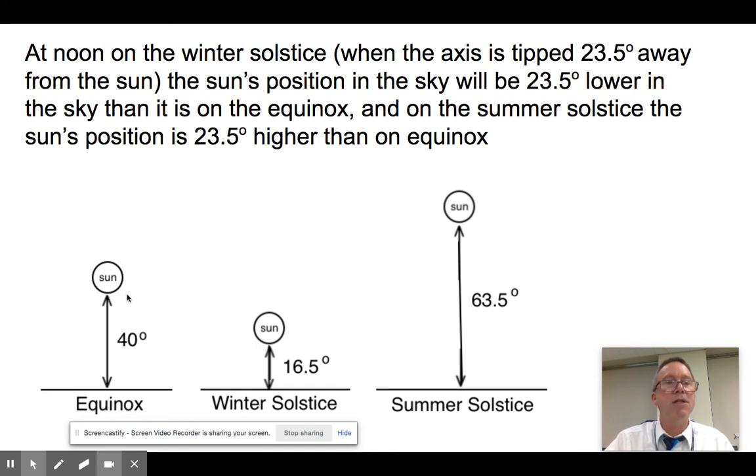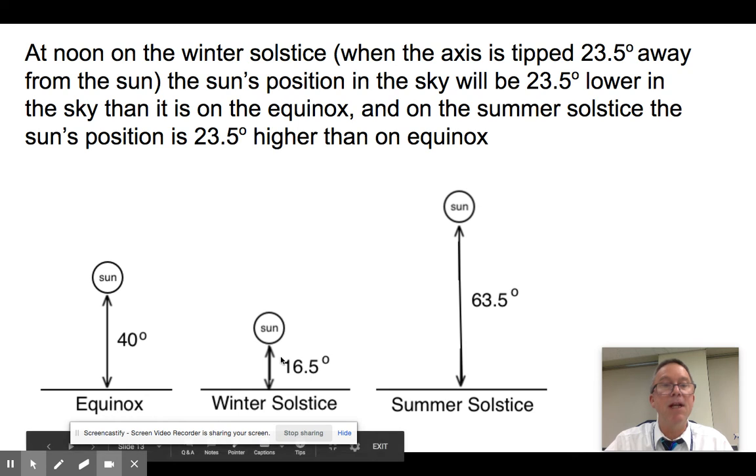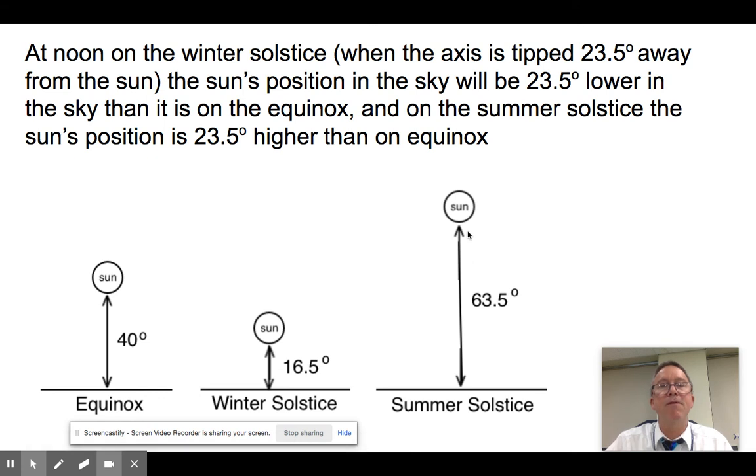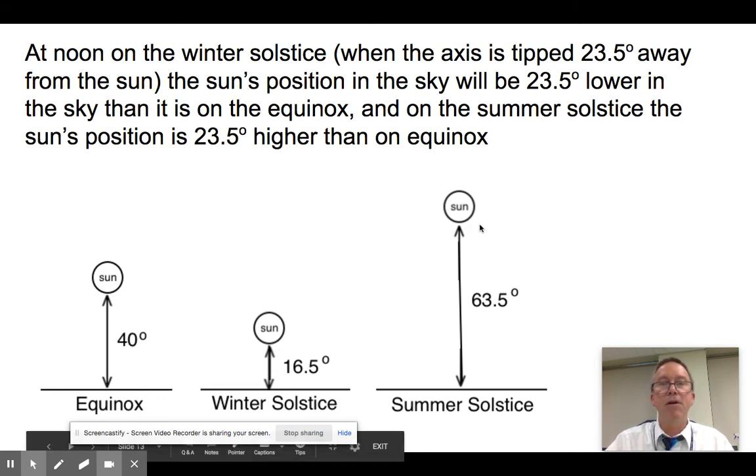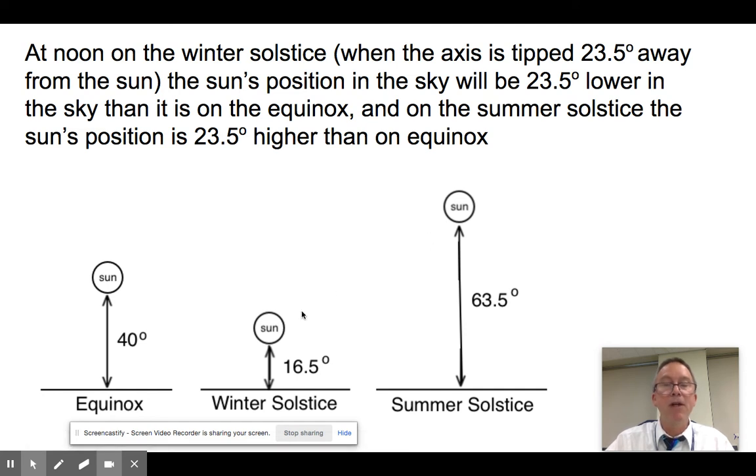So at the winter solstice, it's going to be 23.5 degrees lower than that in the sky, 16.5 degrees at noon. And at summer solstice at noon, it's going to be 40 degrees plus 23.5 degrees. It'll be 63.5 degrees. So you can see between summer and winter, you have 23.5 plus 23.5. That's 47, is that right? 47 degrees difference in the height of where the sun is in the sky.